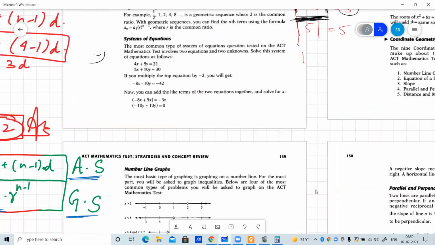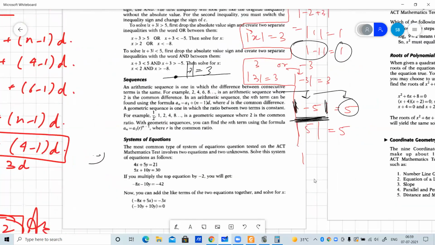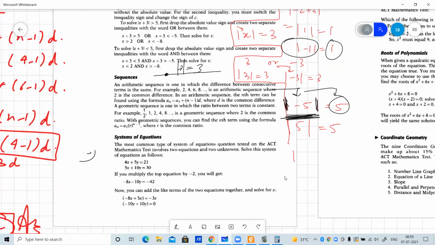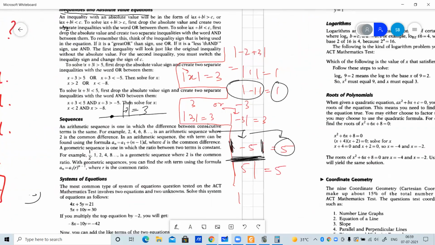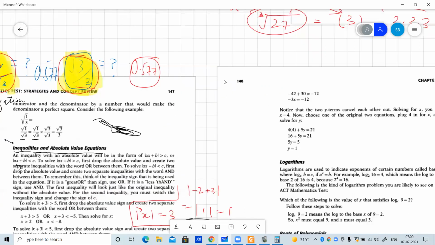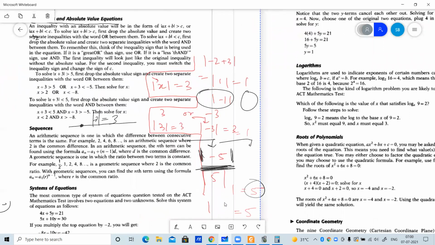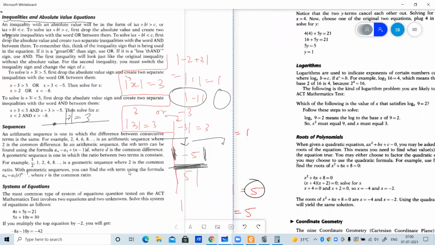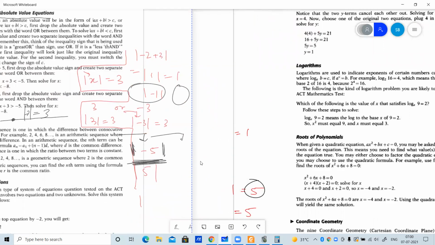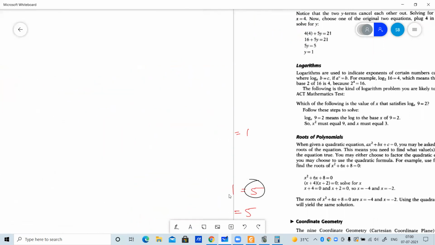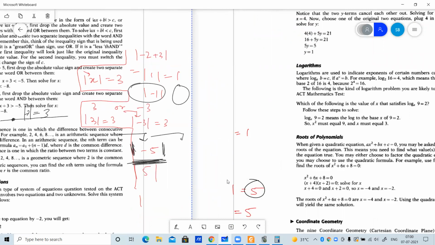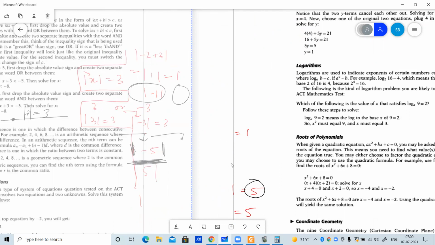So this was about sequences, and after that we have systems of equations. Systems of equations is nothing but equations, but not one equation, 2 equations, or in higher classes it will be 3 equations or 4 equations or 5 equations. That is called systems of equations and nothing else.